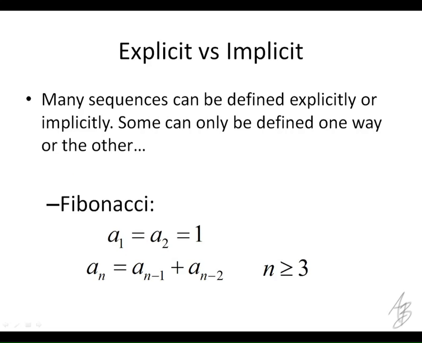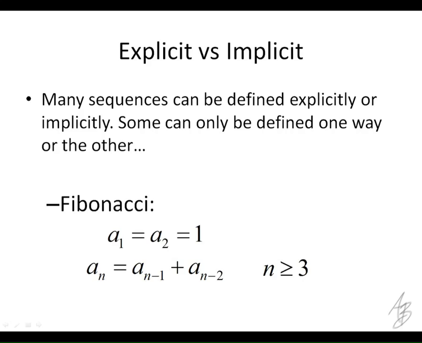So many sequences that we're going to come across can be defined either way, explicitly or implicitly. Some can only be defined one way. The Fibonacci sequence is a good example of one that cannot really be defined explicitly, but we can only define it implicitly.